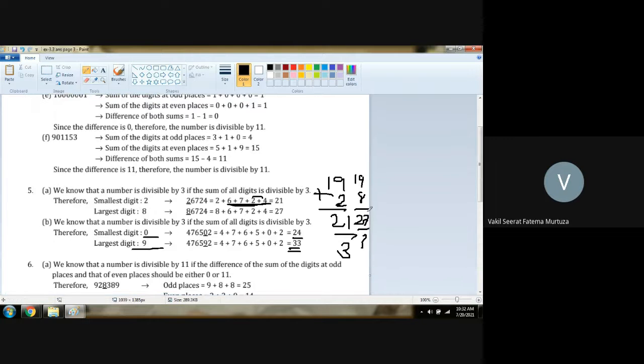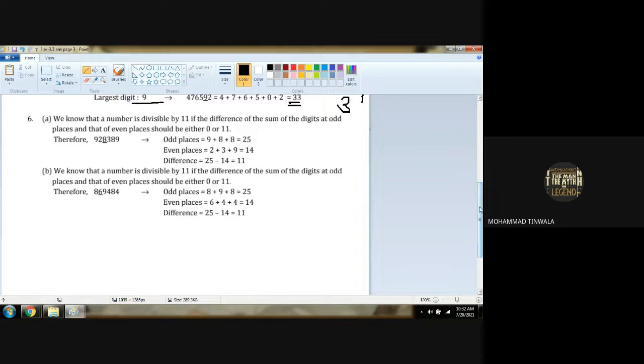Right. Answer number 6. We know that a number is divisible by 11 if the difference of the sum of digits at odd places and that of even places is either 0 or 11. Yes or no? Now, we have to add all the odd places. 1, 2, 3, 4, 5, 6. There are 6 places.